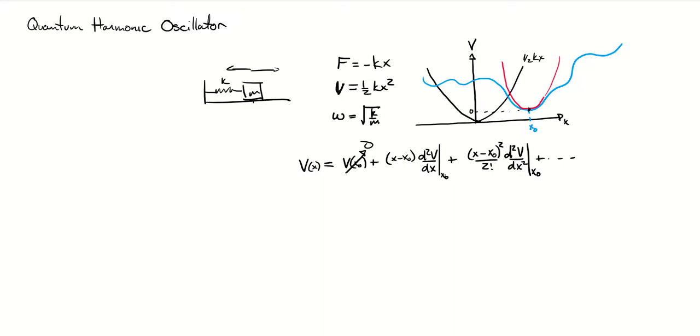Now, the second term, by definition, if I'm near that equilibrium point, this first derivative is 0 as well, right? So the first term that's non-zero in this whole thing is the 1/2 x squared term, right? So if we approximate to this order, 1/2 kx squared is what the potential energy looks like.